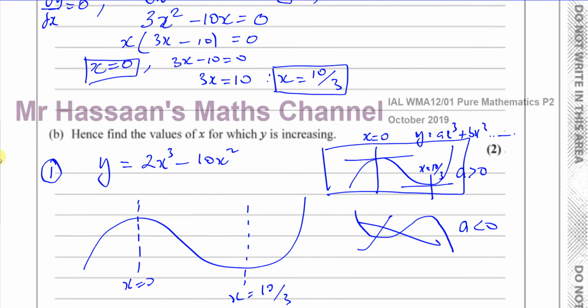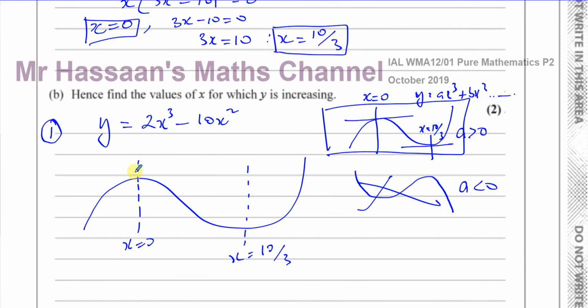So we have to identify the parts of the curve where y is increasing, where y is getting bigger. You can see that as x gets bigger, y gets bigger, and so on. But then at this point, as x gets bigger, y falls.